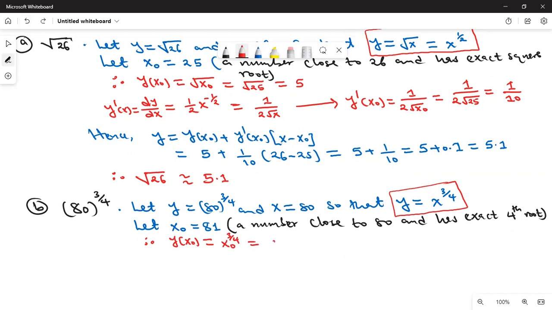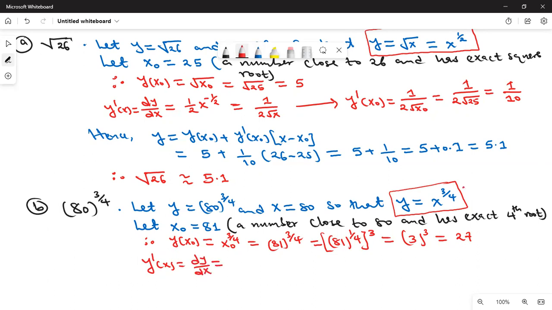So I'll write this as 81 raised to 3 over 4, which you can write as 81 raised to 1 over 4, then the answer you have found, you cube it. When you write 81 raised to 1 over 4, it means the fourth root of 81, which is 3. And this answer, we now need to cube it so that we get 27. That is our y at x naught. What else do we need? We need y prime of x, or what we are calling dy dx.